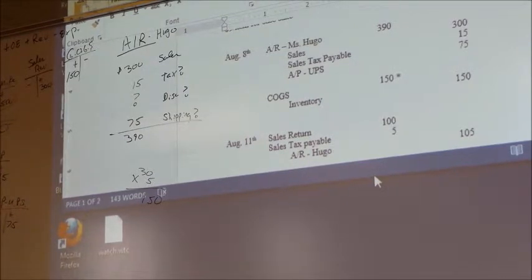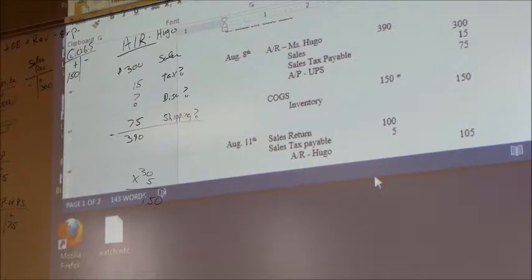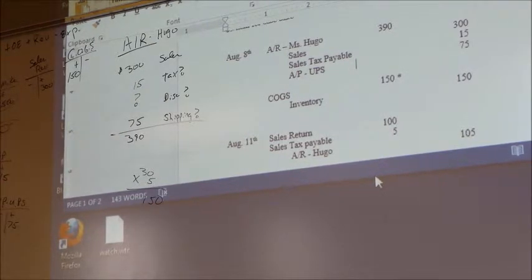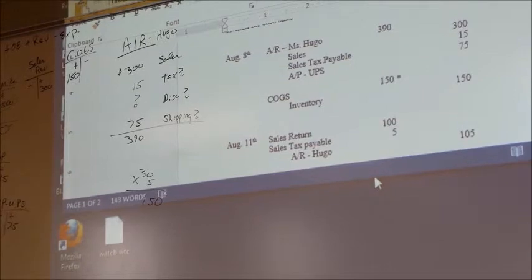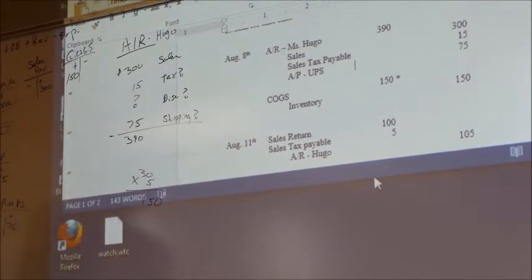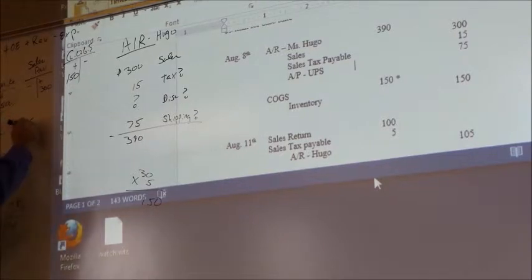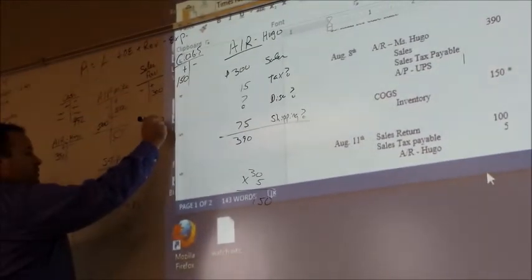It says she returned 10 items. And those 10 items, how much did they cost her a piece? $10, yeah. Look back up to August 8th, second line down there, and it tells you she bought them for $10 a piece. So 10 items at $10 a piece is my sales return.